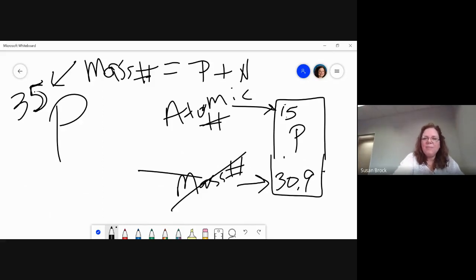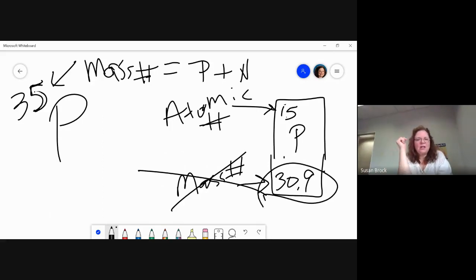It is not the mass number. Do not use that for the mass number. That will lead you astray every time. Look, the mass number that I gave you over here is 35. That's not the 30.9. This 30.9 is the atomic weight.